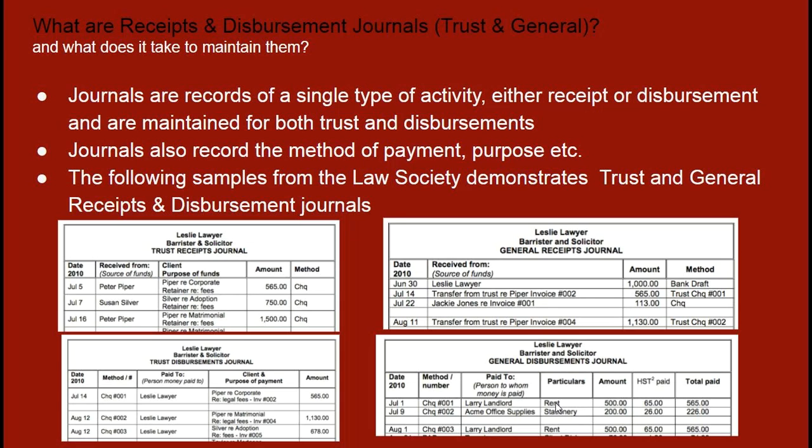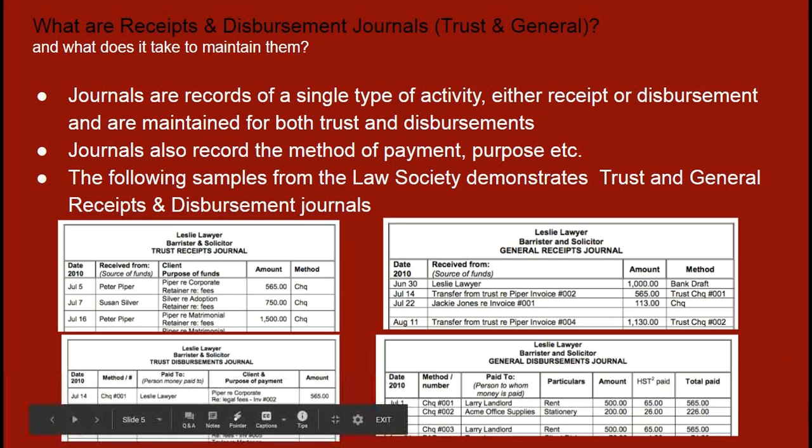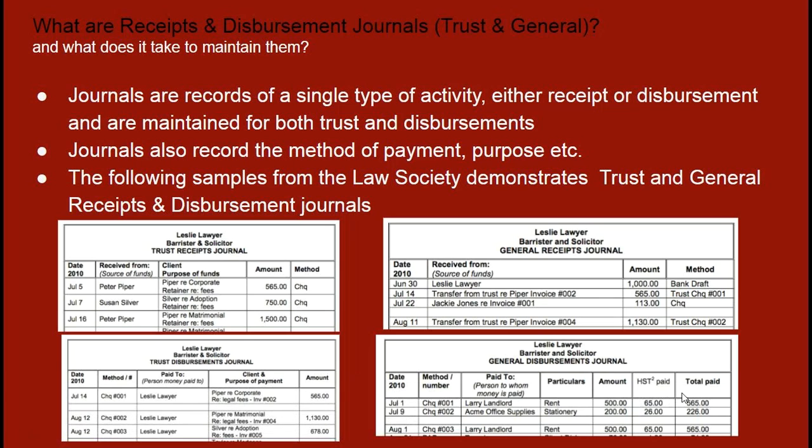But you may also have other types of expenses. As you can see here, some examples: rent, your Law Society fees, your errors and omissions fees. These may be items that you also pay out of your general account. That needs to be captured as well, along with the amount, separating out the jurisdictional tax and total payment.